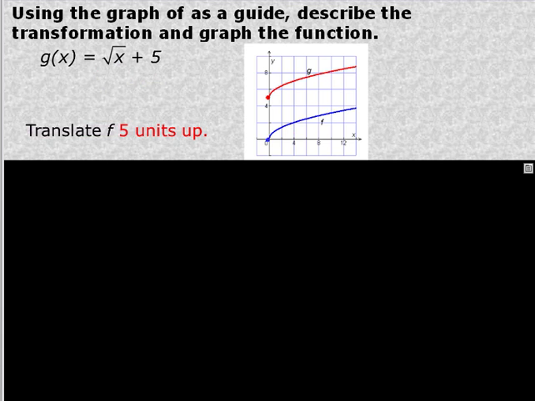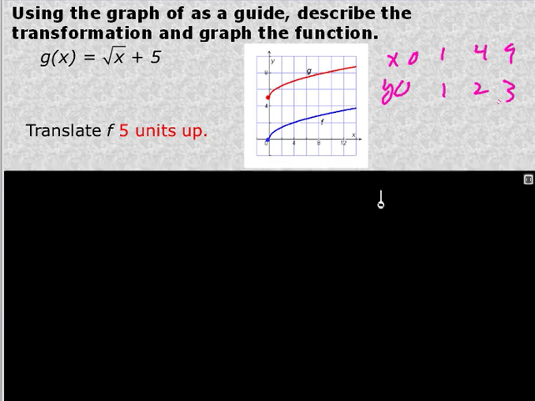So if I have my parent as x, y: 0, 1, 4, and 9, with y values 0, 1, 2, 3, and my transformation plus 5, this is going to go 5, 6, 7, 8.